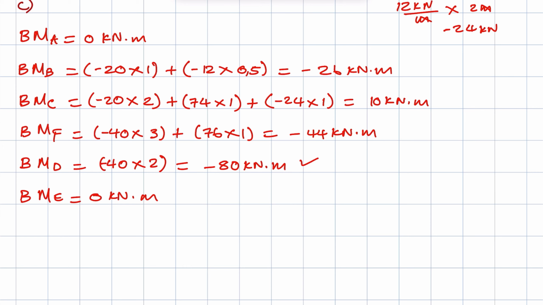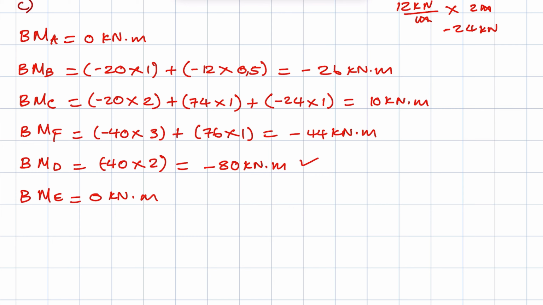So looking at our calculations, we would expect the shear force diagram to be equal to 0 at point D, because as mentioned, below the 0 line of the bending moment diagram, maximum bending is negative 80 kilonewton meters, and that is at point D.